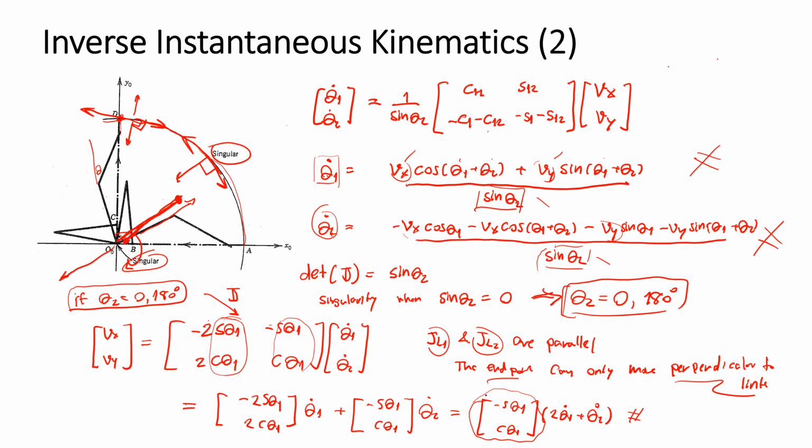The two Jacobians are not linearly independent, they are parallel, and you don't have the freedom to drive the velocity independently. You can only have the velocity in the perpendicular direction to the link when theta 2 is 0 or 180 degrees. So yes, that's all for today.